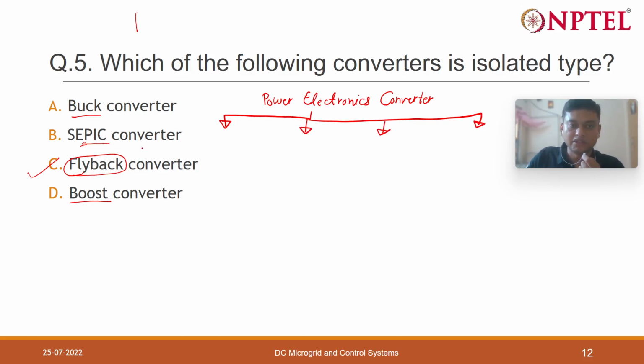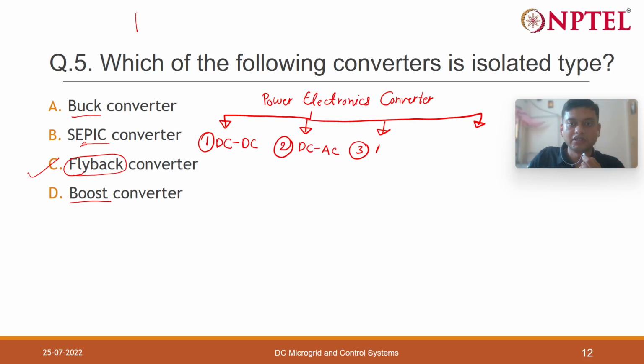The first one is DC-DC converter. Second one is DC-AC, that will also be called inverter.